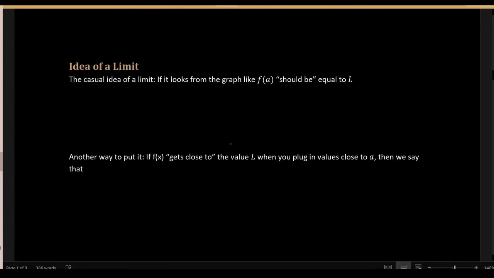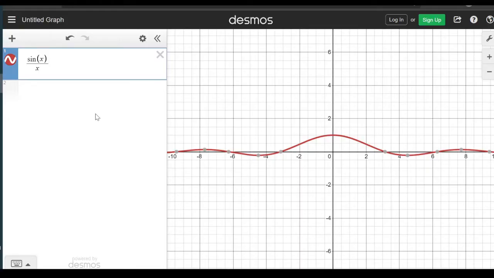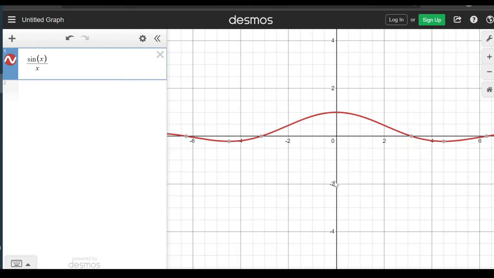Having reviewed what it means to evaluate a function from a graph, I want to look at the graph of a very specific function. I want to look at the graph of the function sine of x divided by x. Now look at this function in the vicinity of x equals 0.